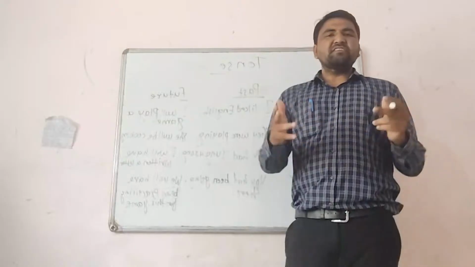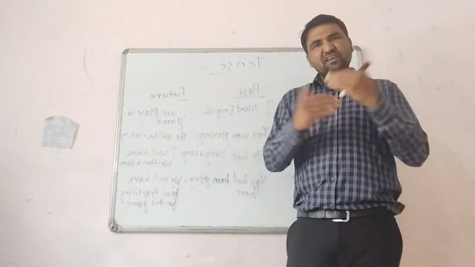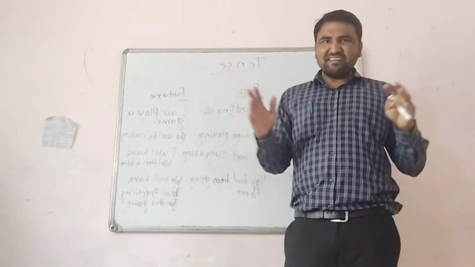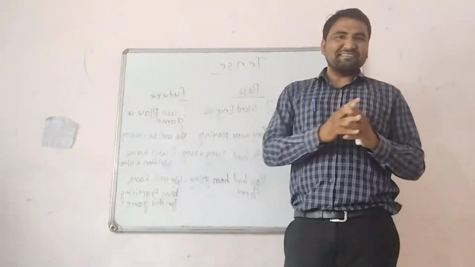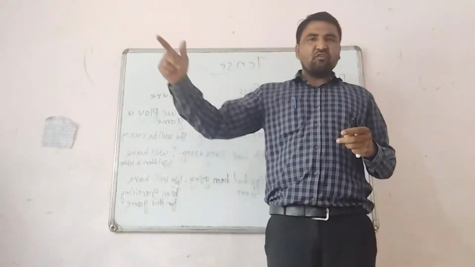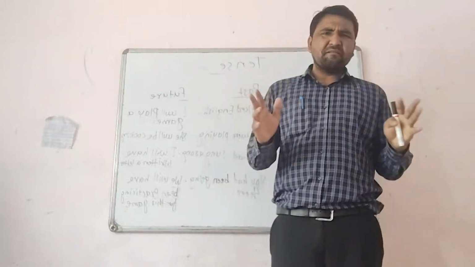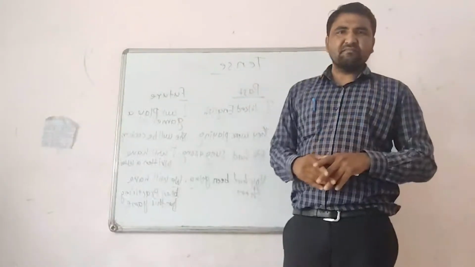She will be dancing on the stage. We will be talking to one another. So these are all sentences of future continuous tense. Action must be going on in the future, and that action should be in a continuous manner. That is nothing but future continuous tense.